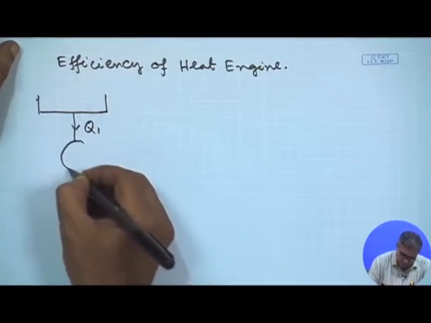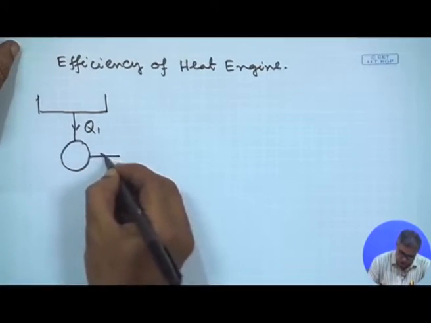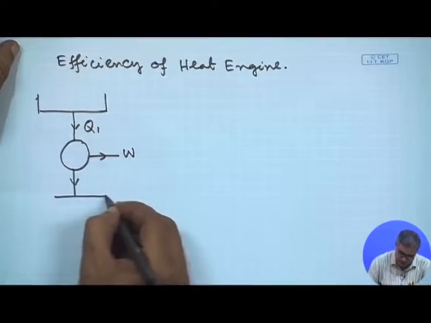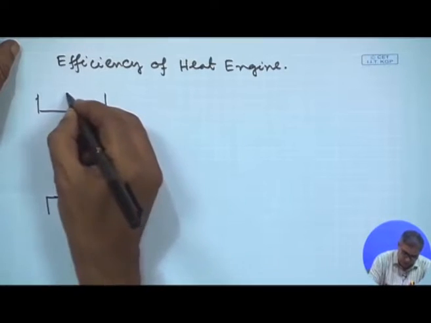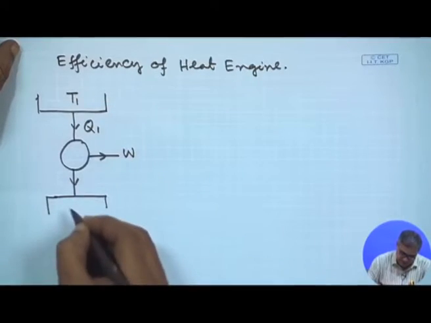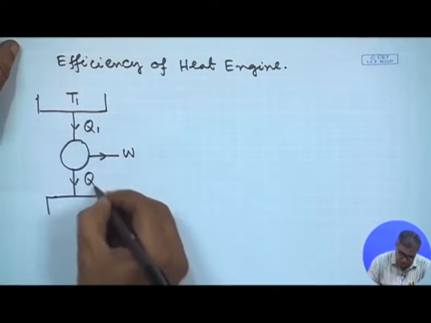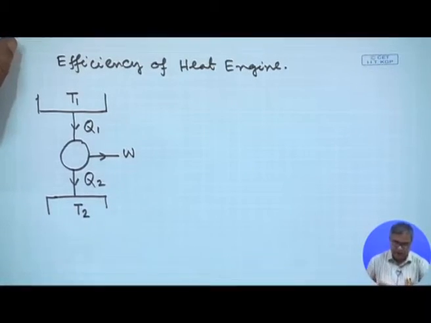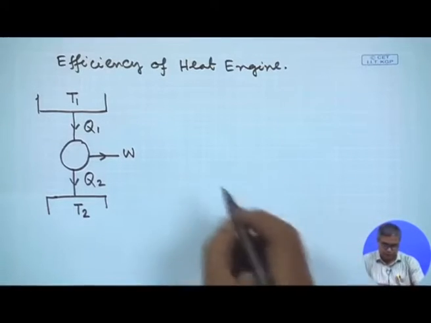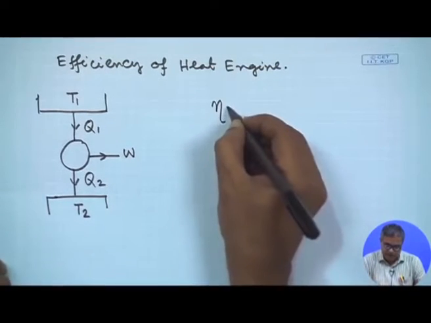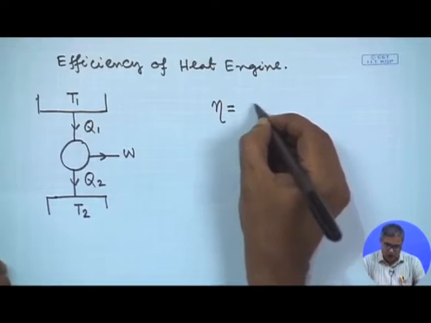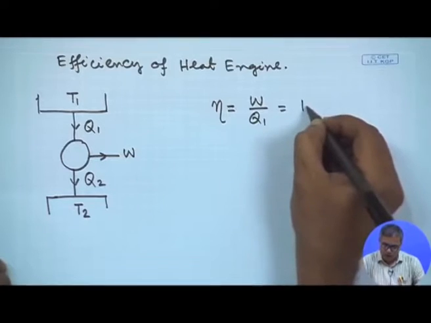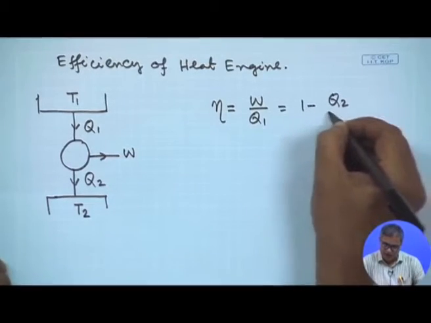Q1 heat is taken, W work is produced and Q2 heat is rejected. Q1 heat is taken from the reservoir at T1, Q2 heat is rejected to the reservoir at T2, W work is produced. So, efficiency from the first law we have got as W by Q1, so that is 1 minus Q2 by Q1.